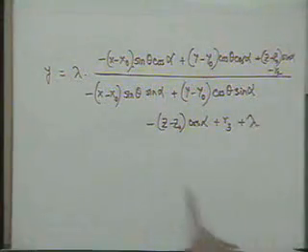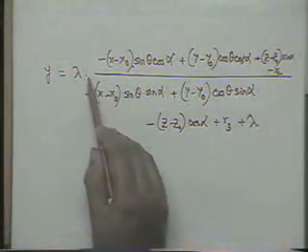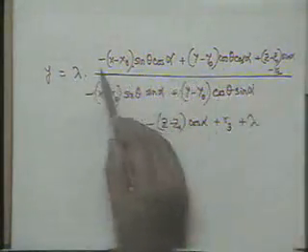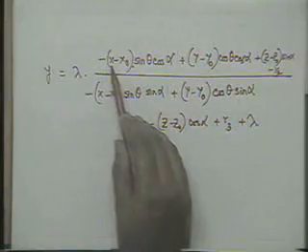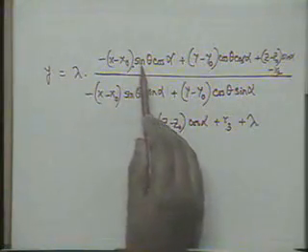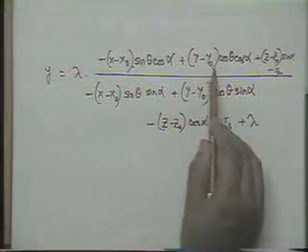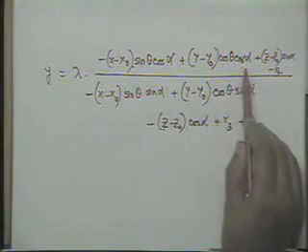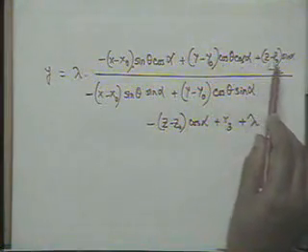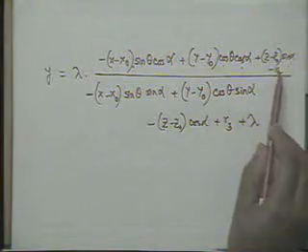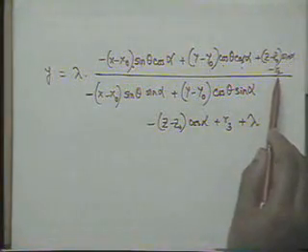The numerator is y is equal to lambda times, the numerator is minus x naught sin theta cos alpha plus y naught cos theta cos alpha plus z naught sin alpha minus r2.